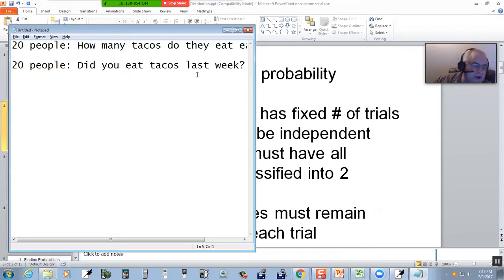Now, I was looking at some of the problems in the online homework system for this. I don't even remember the name of it, to be honest. And I was working some of them myself. And you had to decide whether you're dealing with a binomial distribution or Poisson distribution. And when I was looking at these, really the main thing I thought of is there are 2 possibilities. Is it, did you eat tacos or not eat tacos?